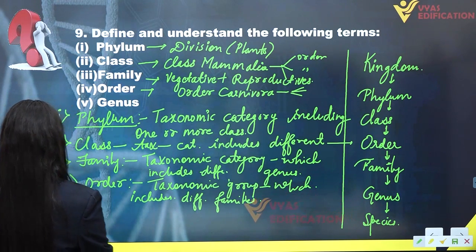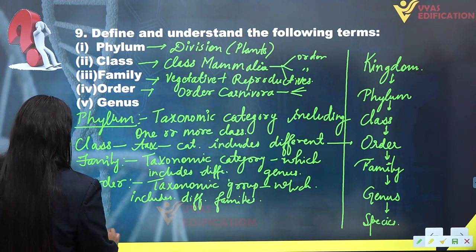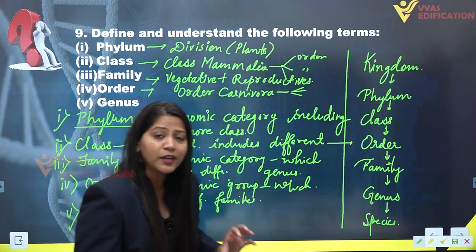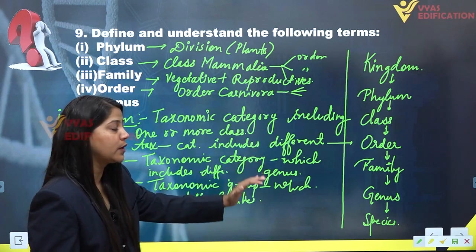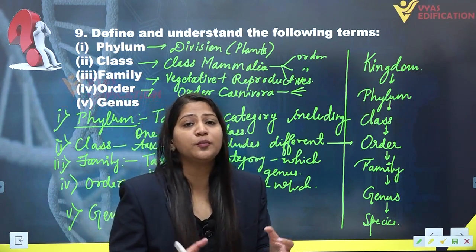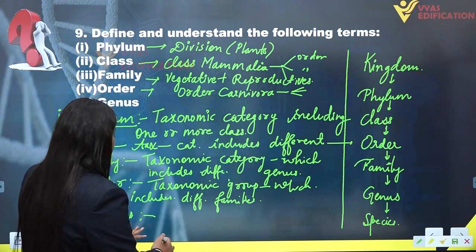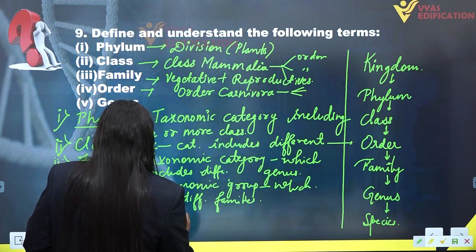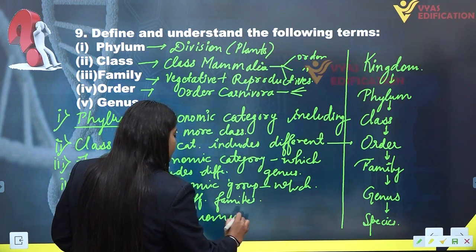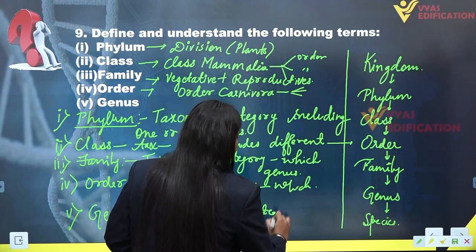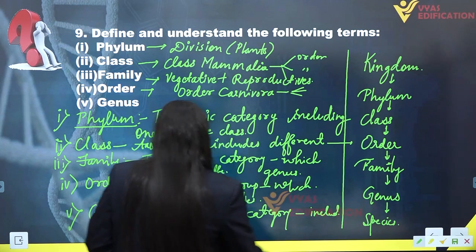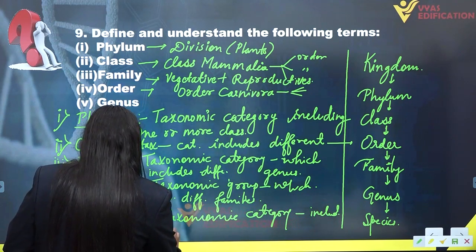If we talk about the last term that is given, it is genus. Now, what is genus? Genus is a taxonomic group under the hierarchy of a classification which includes different species. It is a taxonomic category including different species.